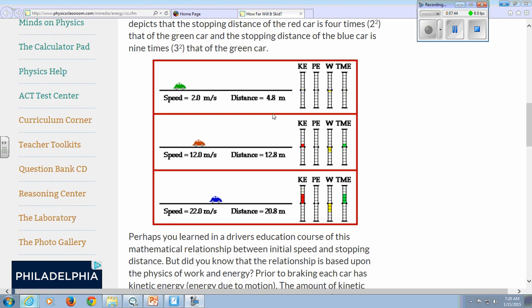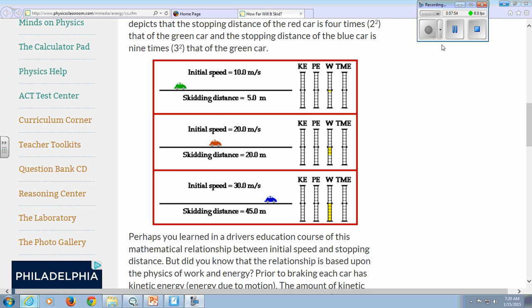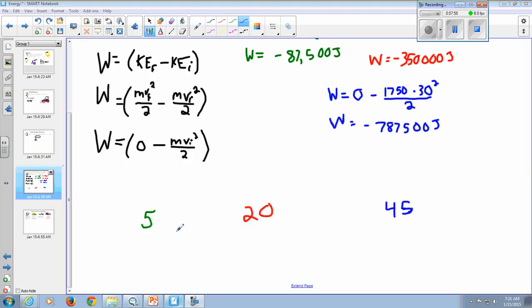Coming back to this video, if you look at the skidding distances, we've got 5 for the green car, 20 for the red car, and 45 for the blue car. That's 5, 20, and 45. So I've written those numbers down.